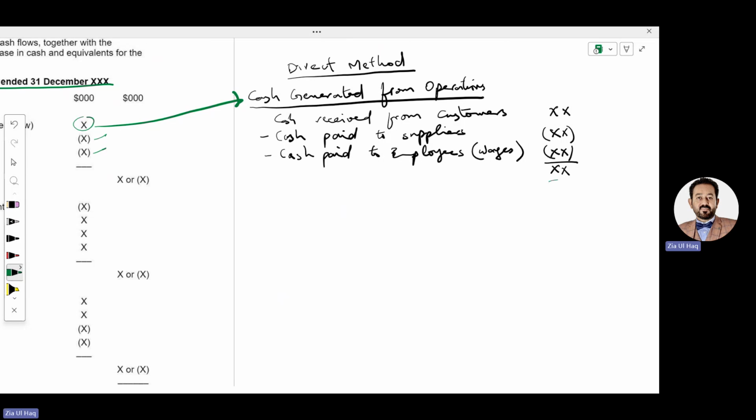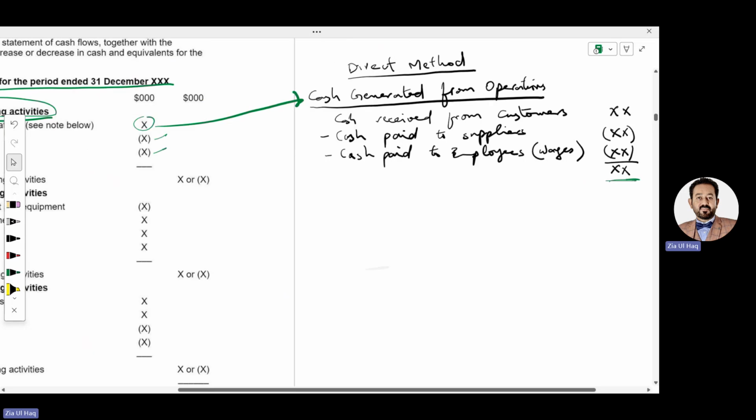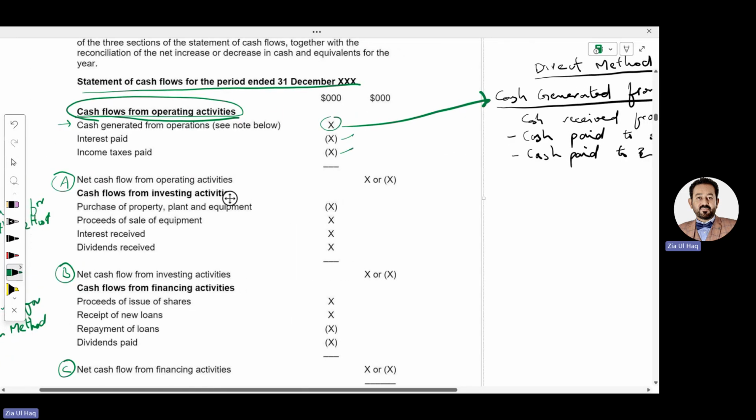We will arrive at cash generated from operations. Cash received from customers minus cash paid to suppliers minus cash paid to employees in wages. We will arrive at cash from operations, and from cash from operations, we will deduct interest paid and tax paid. We will calculate net cash flow from operating activities.